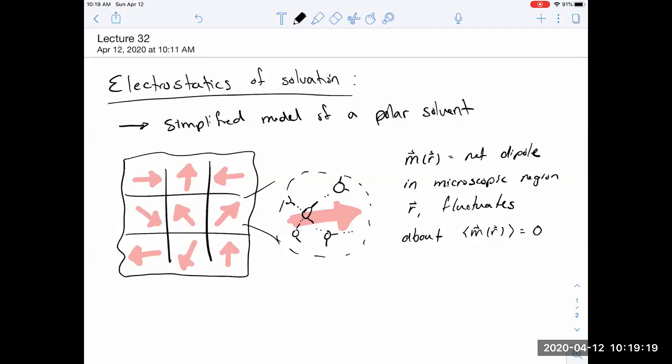And we can ask within that model, what happens when a charged solute is introduced?